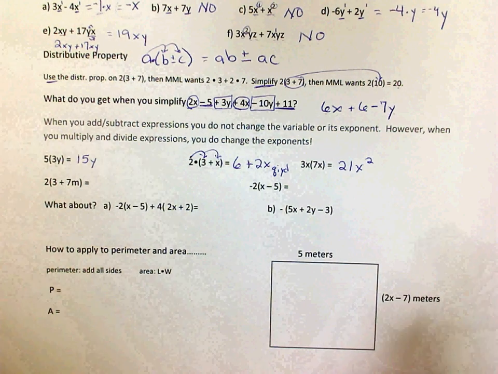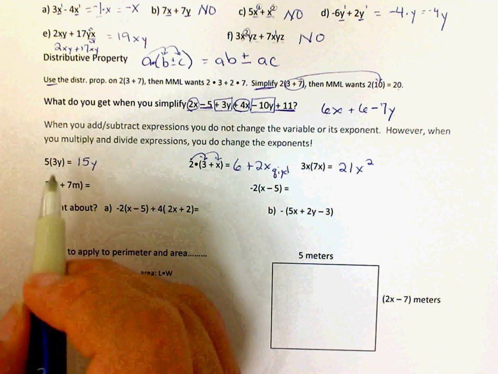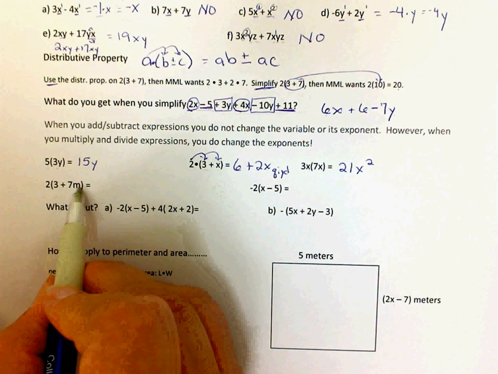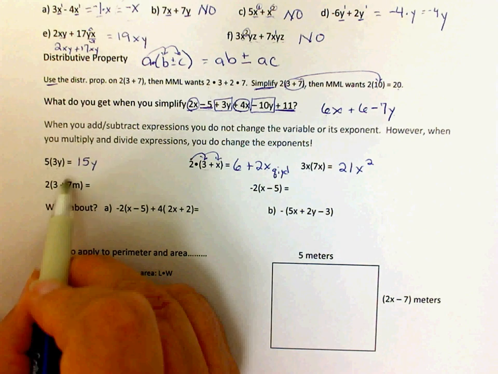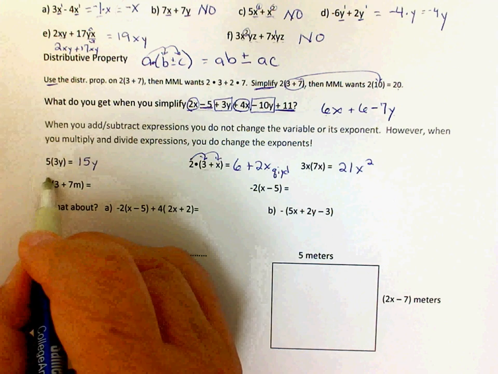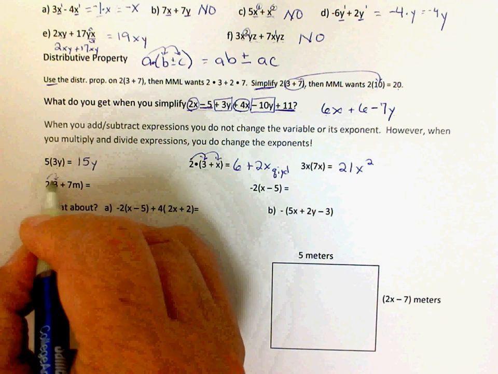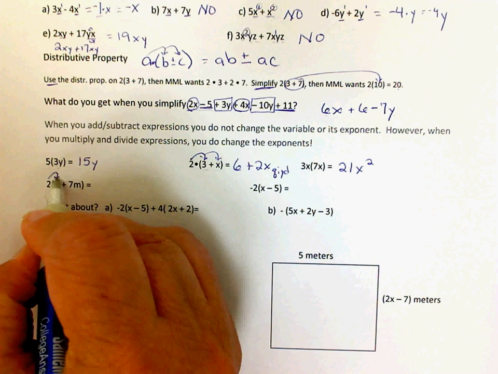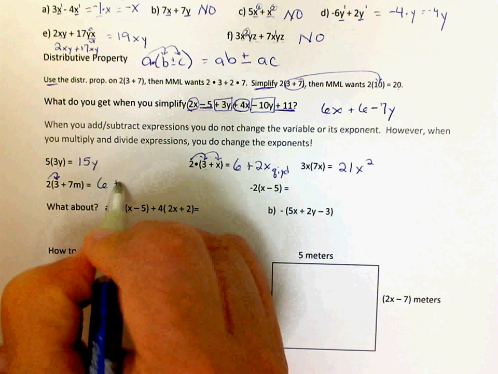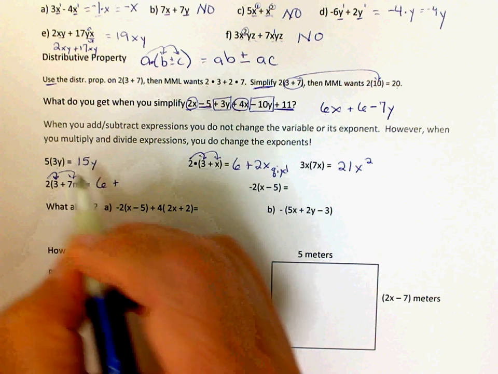Now here, 3 plus 7m. Do not combine them. Distribute the 2. So 2 times 3 gives us 6, and 2 times 7m gives us 14m.